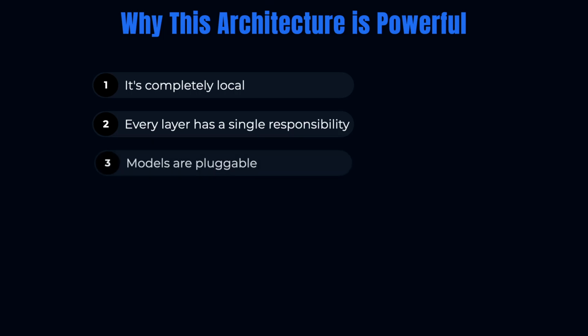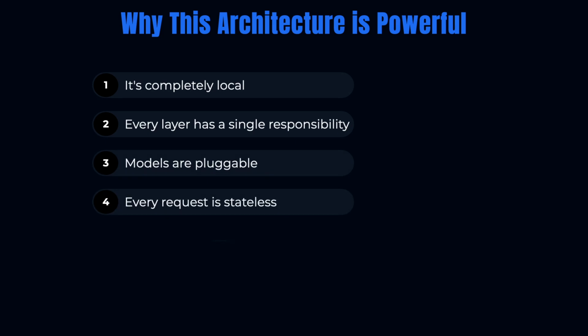Third, models are pluggable. And tomorrow, if a better vision model appears, you simply change the model name. Everything else remains identical. Fourth, every request is stateless, simple, reliable, easy to scale, and finally, it's enterprise friendly.